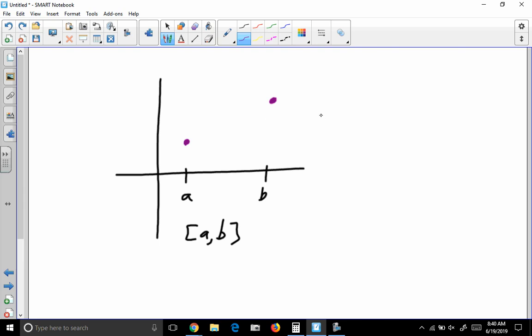And then we're going to look for any critical points in between, because if there is a point that's higher than the highest end, or lower than the lowest end, it's going to occur where we have a critical point, where our first derivative is either 0 or undefined.